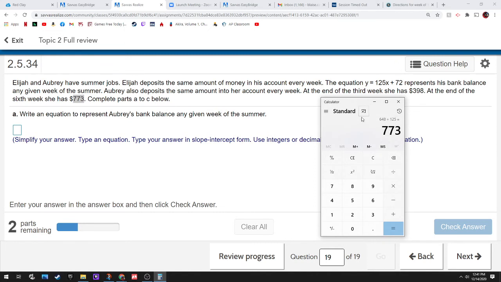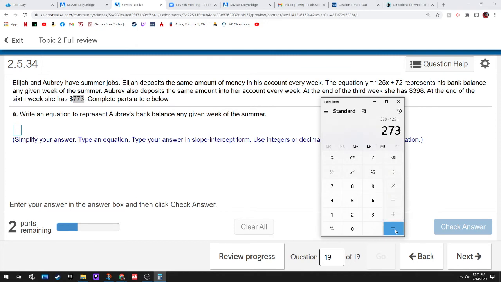So she deposits the 773. So she's doing 125 every week, right? Well, if we know at the third week she has 398, how much did she have at the second week? That's where we can take 398 minus 125.